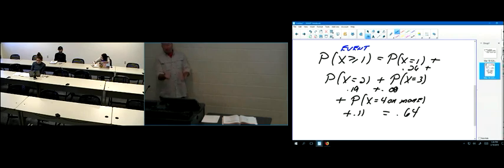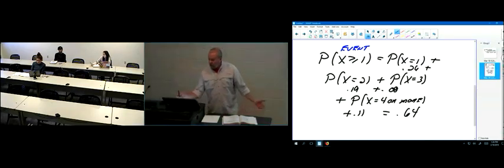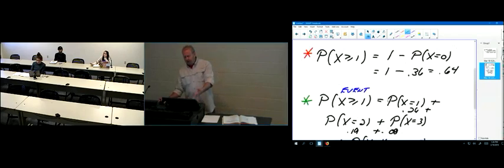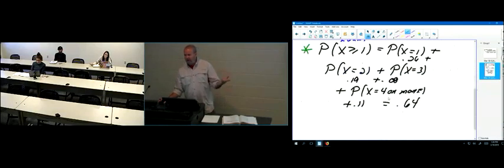I'm either adding them up directly or I'm taking 1 minus the one that's not there. Either one is fine. If you don't remember that little rule that I showed you at the top, that bigger than or equal to 1 is 1 minus being 0, then we just add the ones up that make up my event and go on about our business.